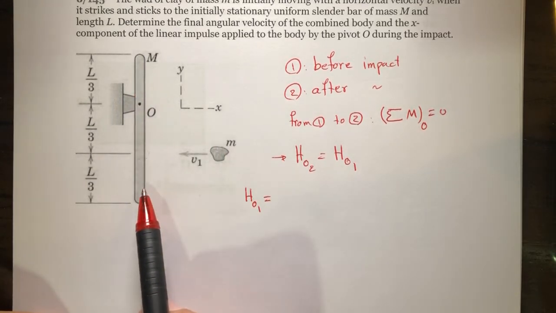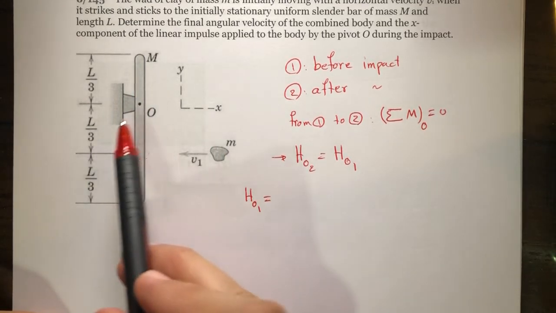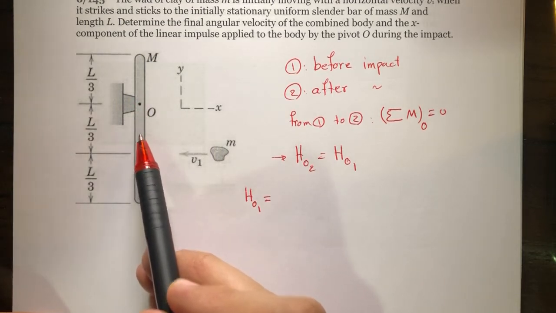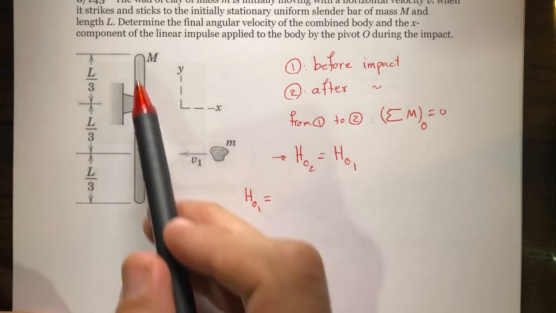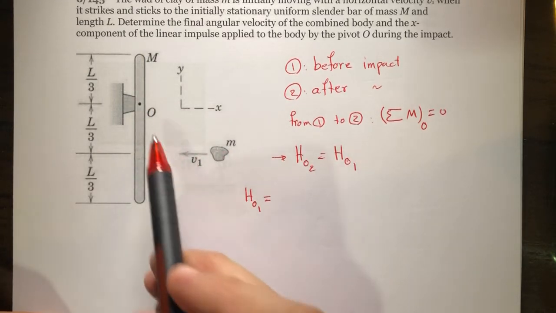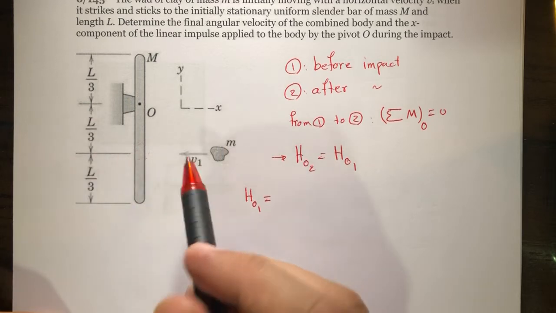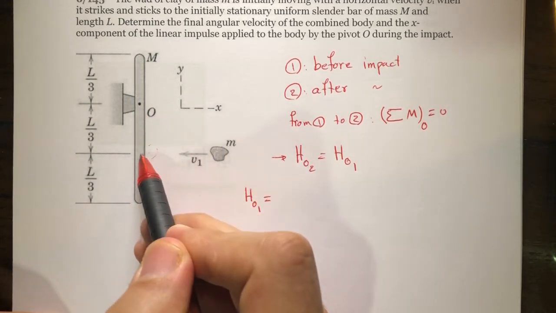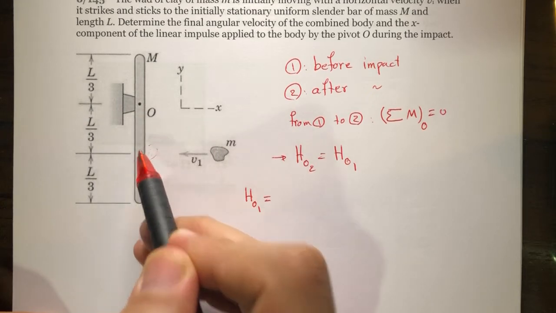H of the bar is 0, because H of the bar about point O is I times omega, and omega before impact is equal to 0. So H for the bar is 0. H for this particle is going to be rho cross mv, and let's say this particle is very close here. So rho of it is going to be L divided by 3 downward.